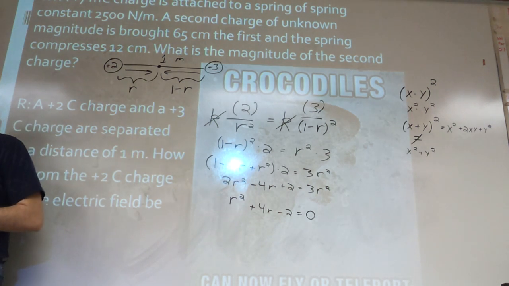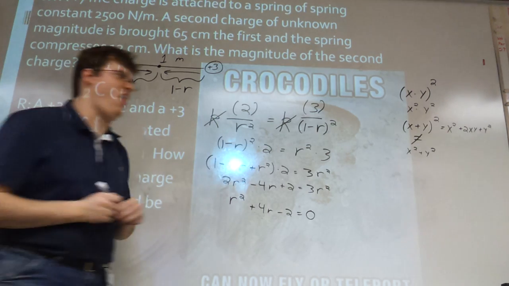Whew, what do I do from here? I would factor. That is the right approach. Unfortunately, that sucker does not factor. So I have to use what? The quadratic equation.